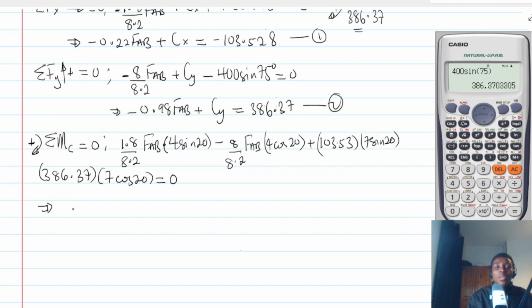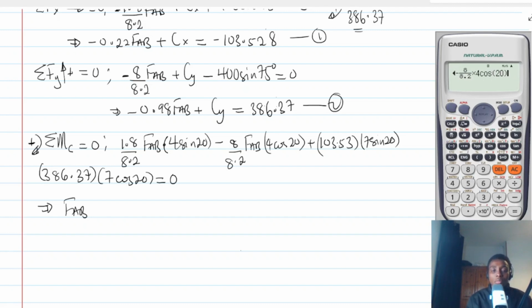So solving for FAB, we can say that FAB into bracket, 1.8 over 8.2 multiplied by 4 sine 20, and then minus 8 divided by 8.2, and then multiply by 4 cosine 20.